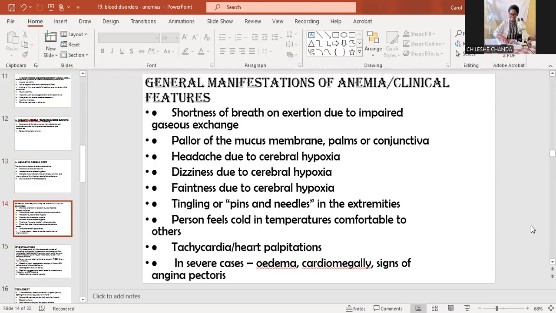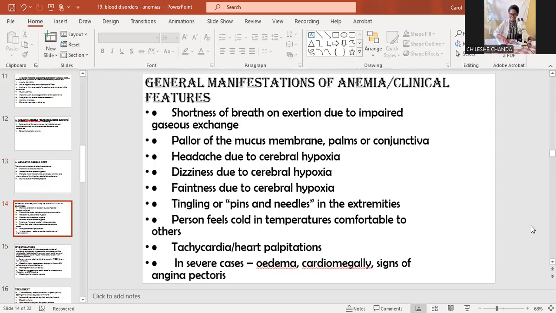Patient will have tachycardia. Tachycardia will lead to heart palpitations. This is as a result of the heart's efforts to try and increase circulation of blood. So the heart will be overworking because there is hypoxia in most body tissues. Therefore, the heart will try by all means to pump as much blood as possible to all body parts.